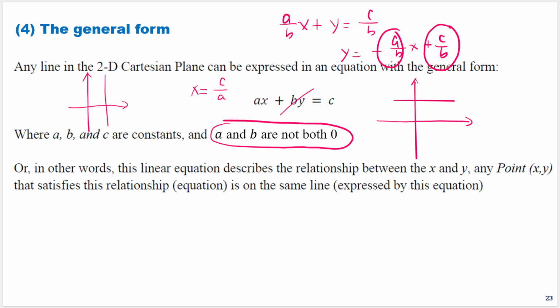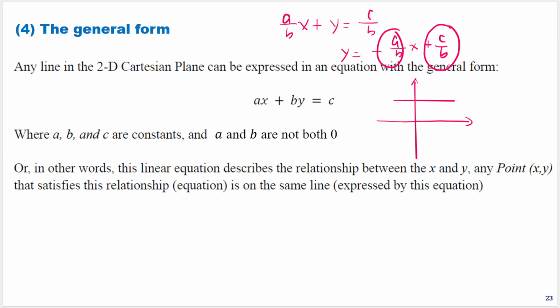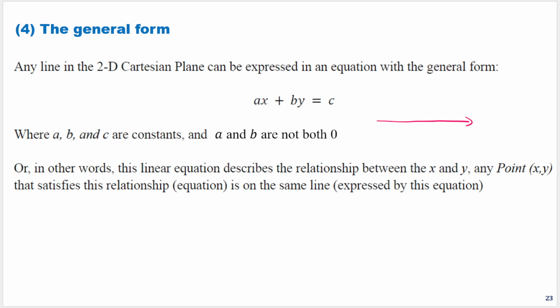So this is called the general form of a line. Any line in the 2D Cartesian plane can be expressed in this form. And if you have a linear equation like this, the graph of that equation is also a line. Or in other words, this linear equation describes the relationship between x and y.